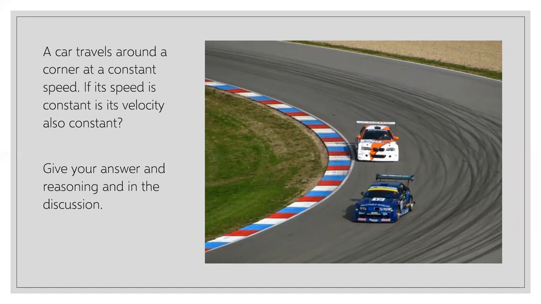Or is it possible for speed to be constant and velocity to change? I want you to think carefully about the difference between speed and velocity. There's one key piece that makes the difference between the two, and that should allow you to answer this question.